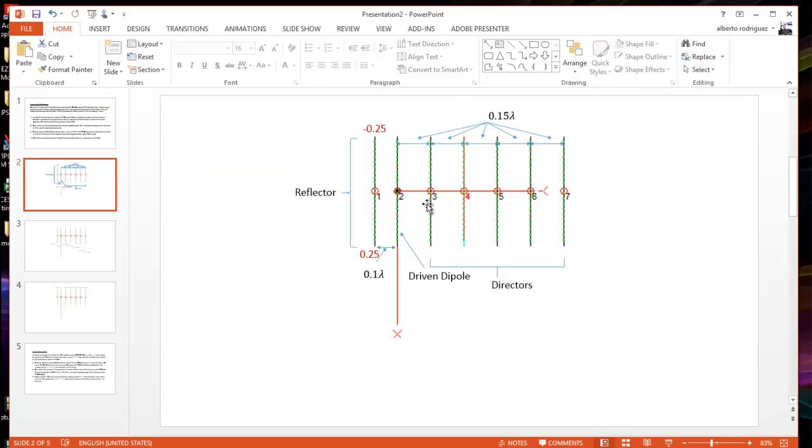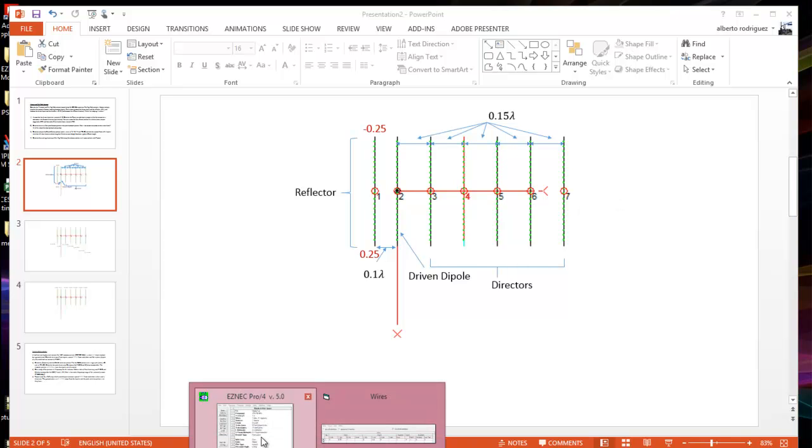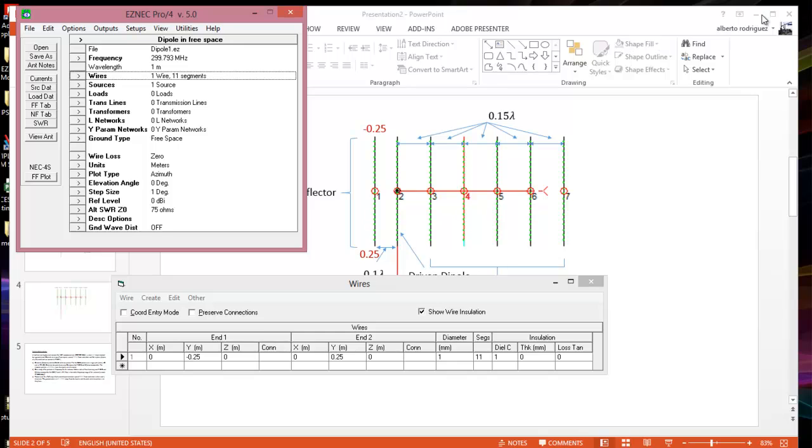If you notice here, my dipoles are aligned in the x direction, and the pattern is pointing in the positive y direction. Okay, so we'll start creating my geometry in EasyNEC.